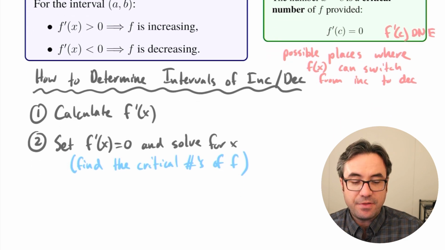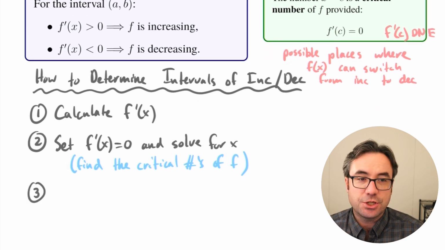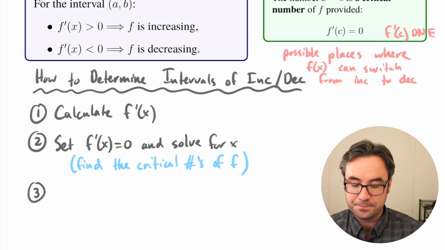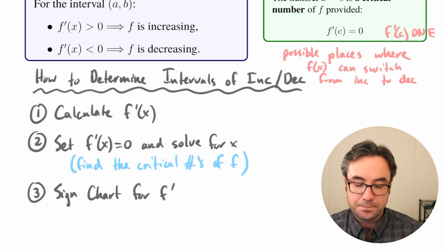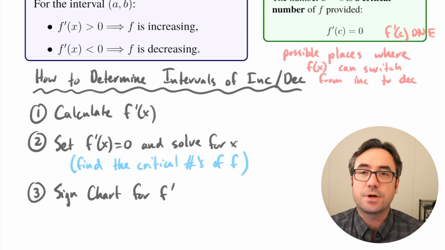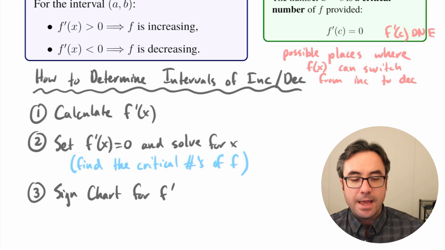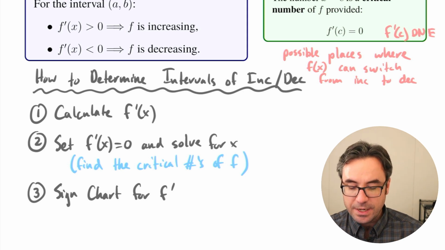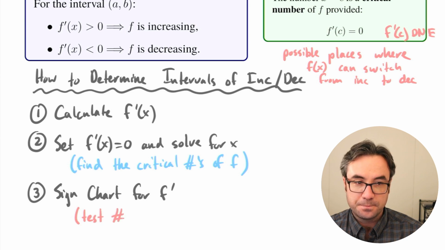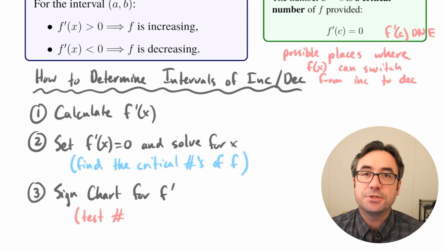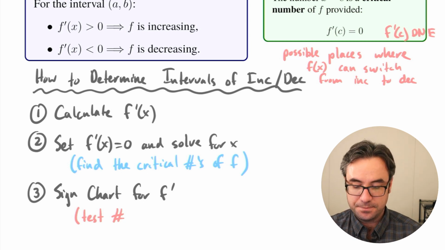And then once we have that, we're going to construct a sign chart for f prime. As we're doing this, we can use test numbers and plug them into f prime to help us determine the sign of f prime on each interval.